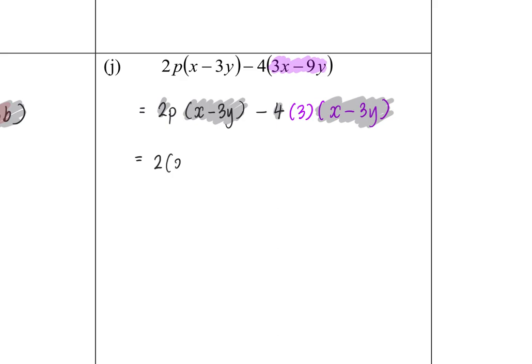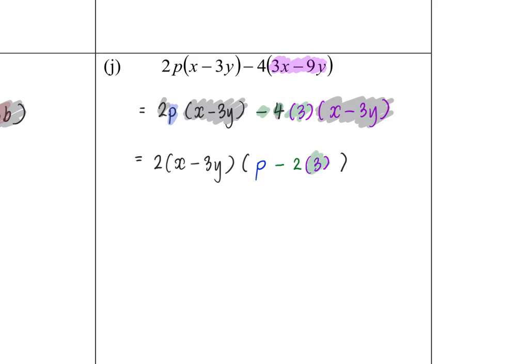That's what I'm going to extract out as well. And I'm left with p here. Minus 4 is not 4 because I've extracted out 2, meaning I will have a 2 here. I still have 3 down there.